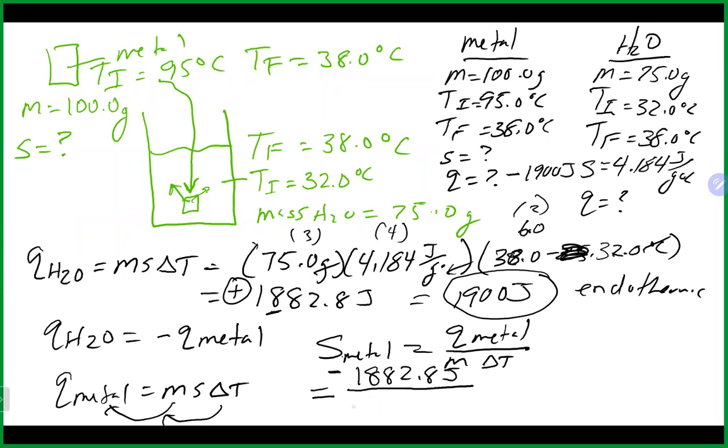And we're going to divide it by the mass of the metal, which was 100 grams. Also important here, the final temperature of our metal is, in this example, 38 degrees, minus our initial temperature, which was 95 degrees Celsius. Why is it important to do the calculation that way? What kind of number are you going to get?